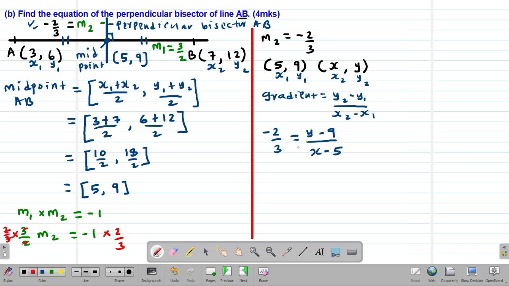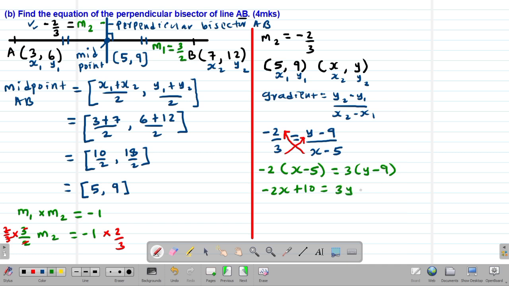If I do cross multiplication, this will multiply with -2, then 3 will multiply with that. So I'm going to end up with the following: -2 into bracket x minus 5, close the bracket, which must be equal to 3 into y minus 9. On opening the bracket, I'll get -2x. -2 by -5, I'll get +10, being equal to 3y.